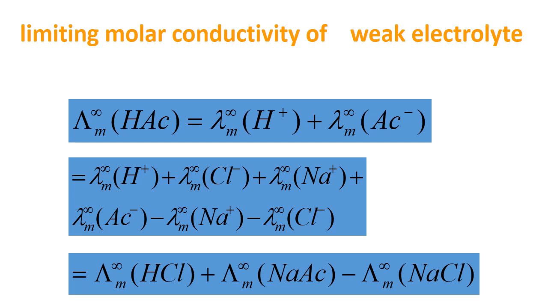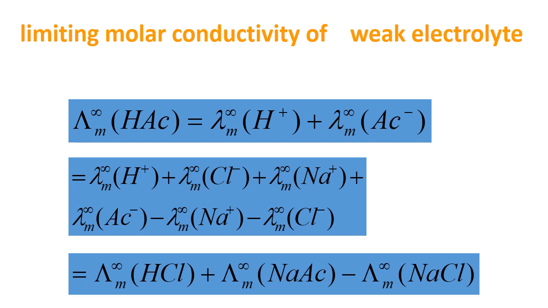So what we will do, we will select 3 strong electrolytes and we will dilute them infinitely. Then we will find their molar conductivity at infinite dilution, and then we will use the mathematical form and calculate it.